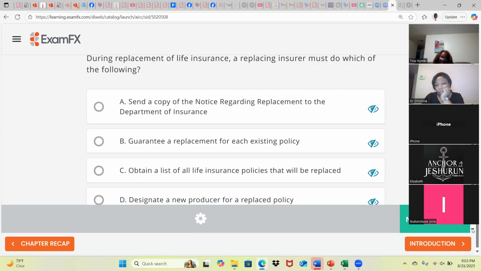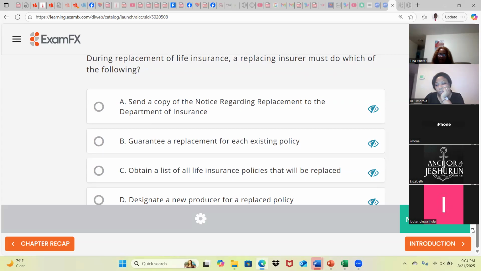I'm thinking A, I saw that send a copy before. I'm leaning towards C, but I'm not 100% sure. Now, does the Department of Insurance need to be informed in terms of replacing one person's insurance?